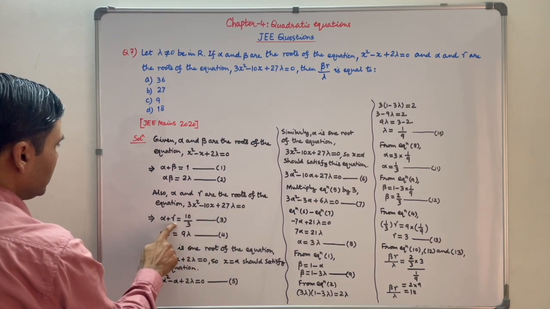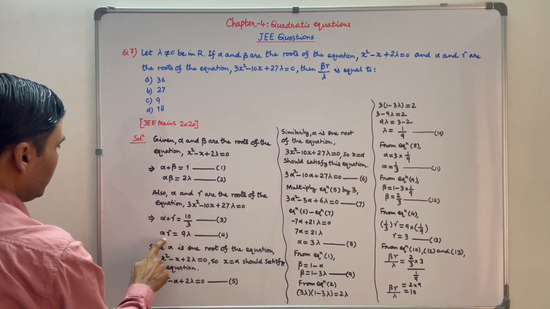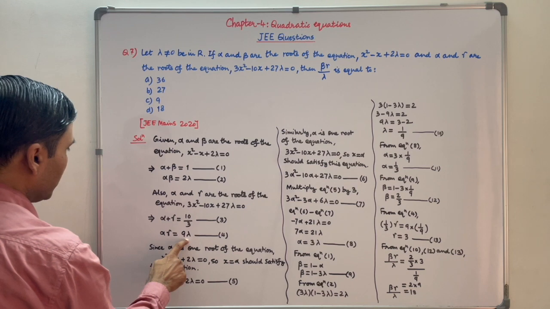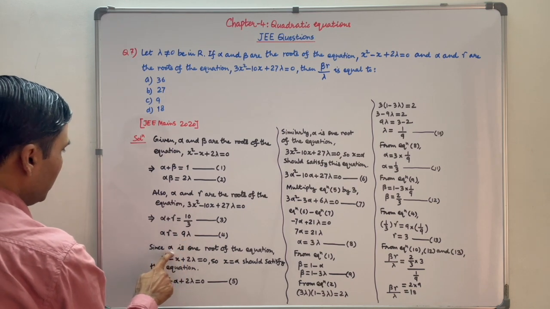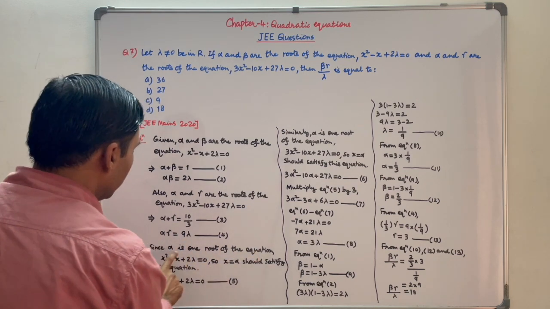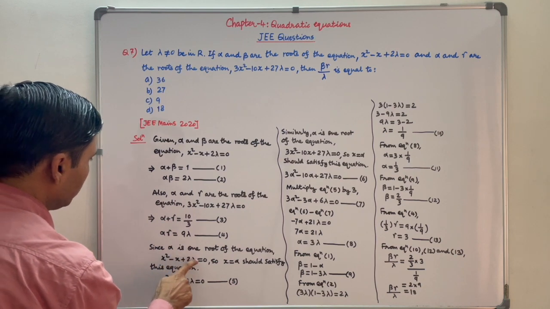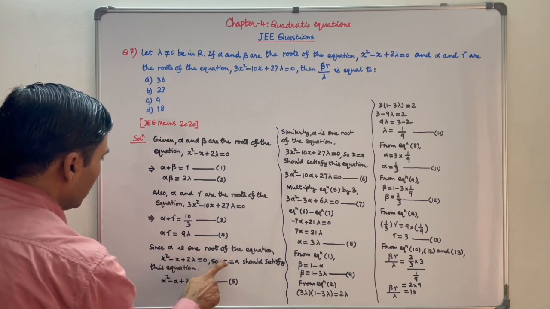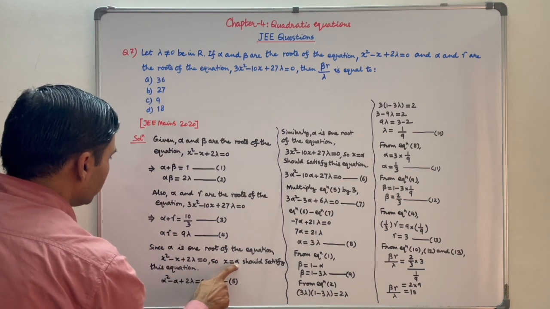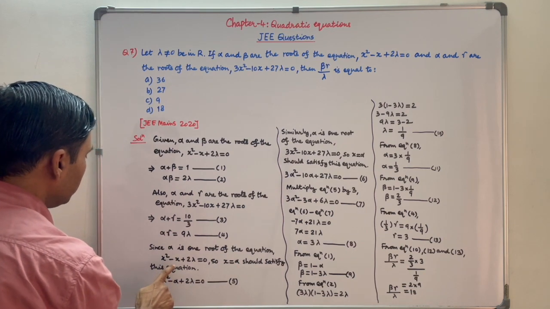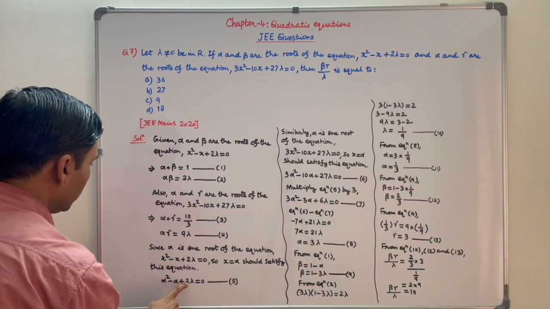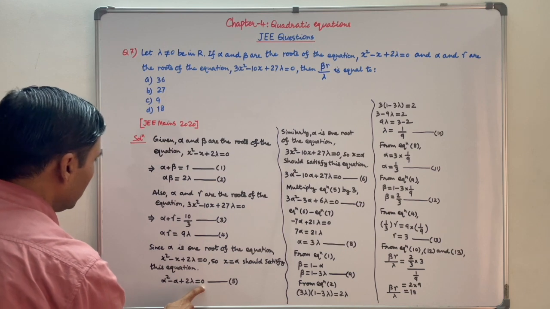So alpha plus gamma is equal to 10 by 3 and alpha gamma is equal to 9 lambda. It is given that alpha is one root of the equation x square minus x plus 2 lambda is equal to 0. So x is equal to alpha should satisfy this equation. That means alpha square minus alpha plus 2 lambda is equal to 0.